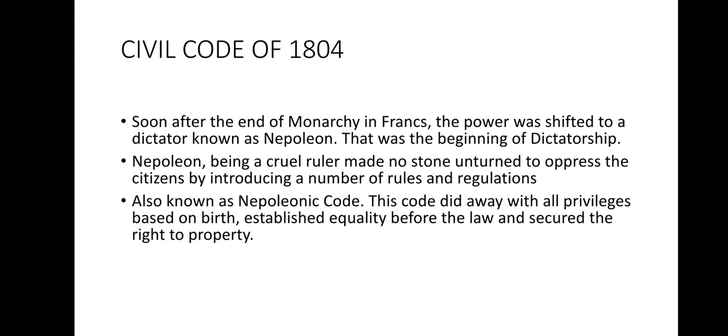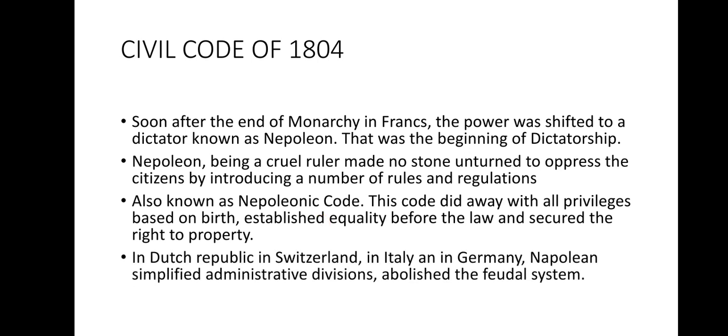This code did away with all the privileges based on birth and established equality, meaning whatever rights you had by birth have vanished. They were given equality before the law and secured the right to property.